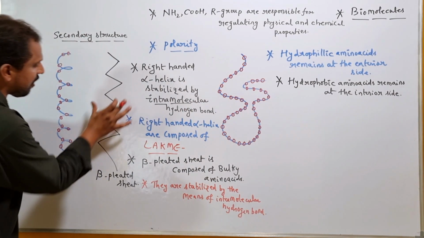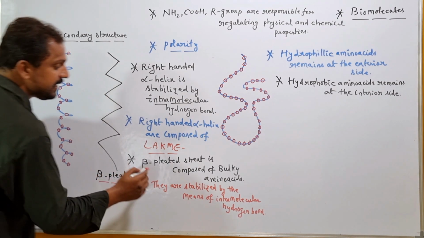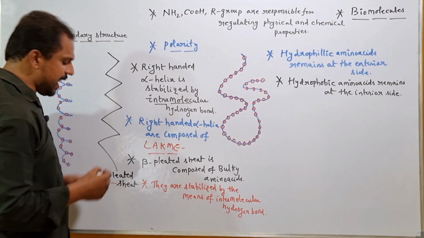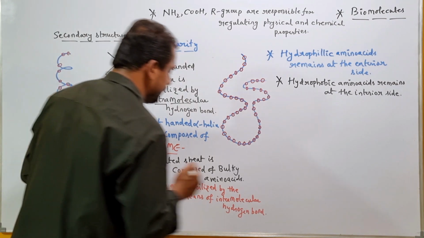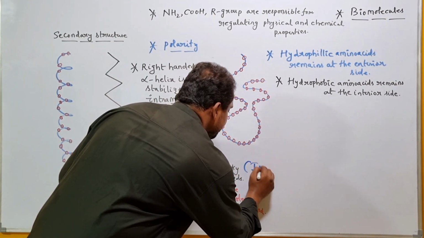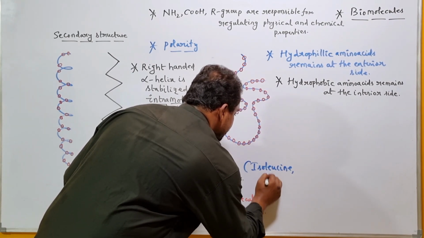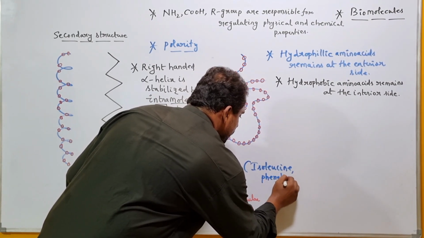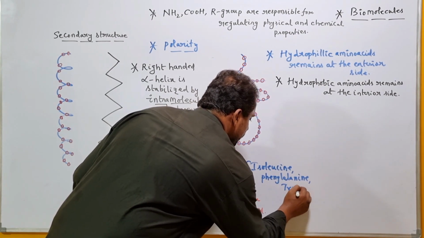So here in order to form the zigzag orientation in the beta pleated sheet, these specific bulky amino acids like isoleucine, phenylalanine and tryptophan are responsible. They play an important role.